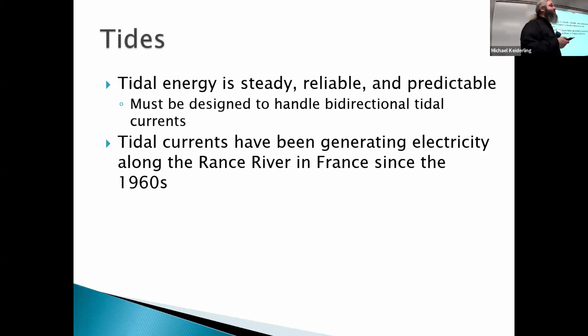You have to have a place where you have big enough and fast enough tides. So that's sort of geography specific. And it's in the ocean, and it turns out putting things in the ocean is a pain in the butt because stuff will just grow on them and reduce your efficiency.